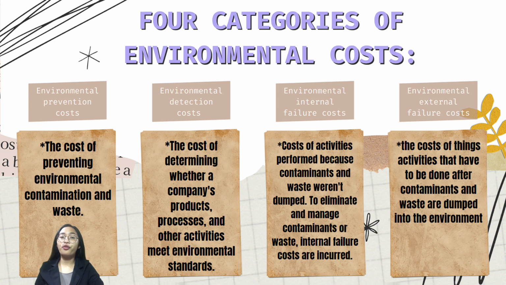Shown in the slide are the four categories of environmental costs. First is the environmental prevention cost, second is the environmental detection cost, third is the internal failure cost, and lastly, the environmental external cost. Environmental prevention costs are the costs incurred by actions taken to stop the creation of contaminants or waste that has the potential to harm the environment.